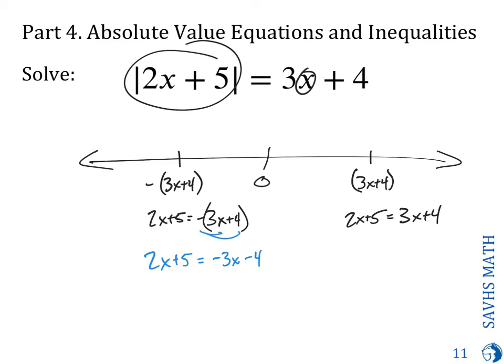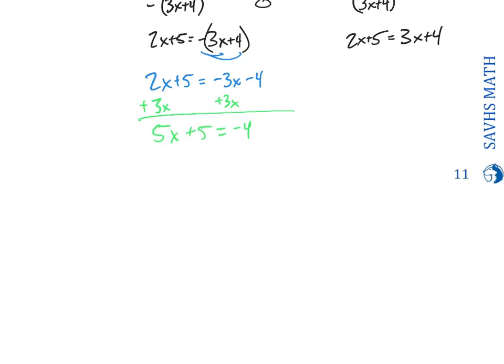When I solve for x, remember, whatever you do, you just have to do to both sides. You're trying to get x by itself. We get 5x plus 5 equals negative 4. We're going to subtract 5 from both sides. We get 5x equals negative 9. Divide both sides by 5, and we get x equals negative 9/5.